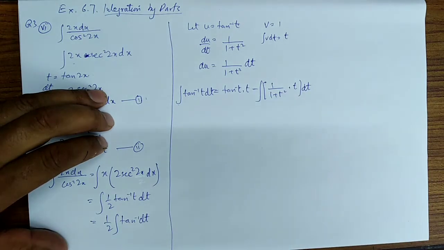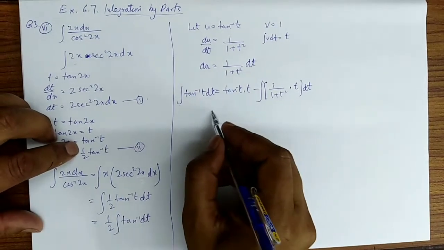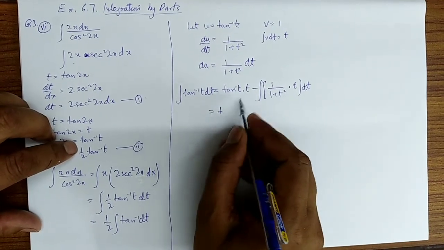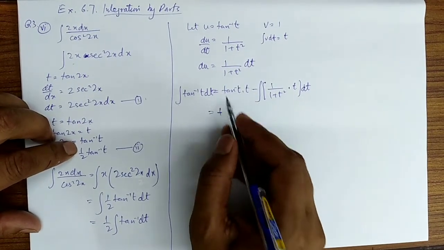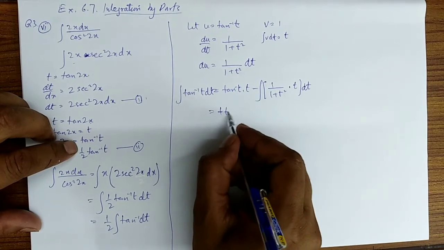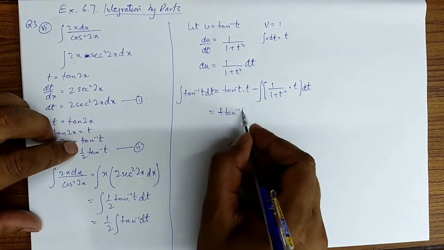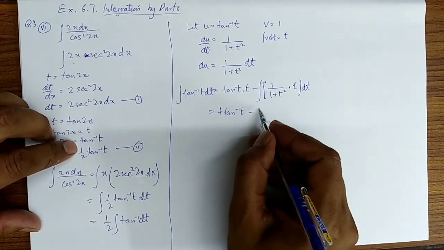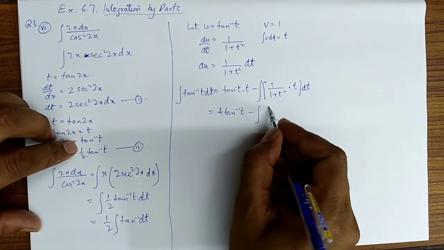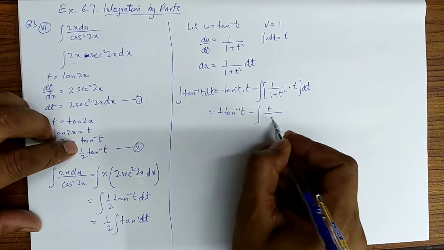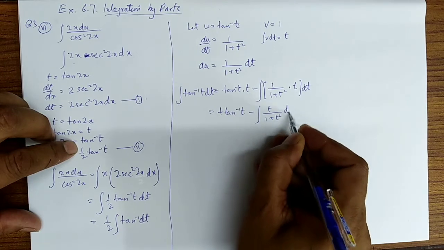So now shift this t on this side, t tan inverse of t minus integral of t upon 1 plus t square dt.